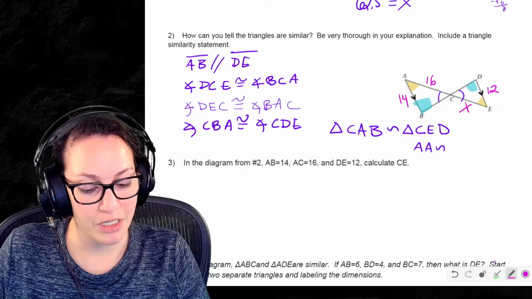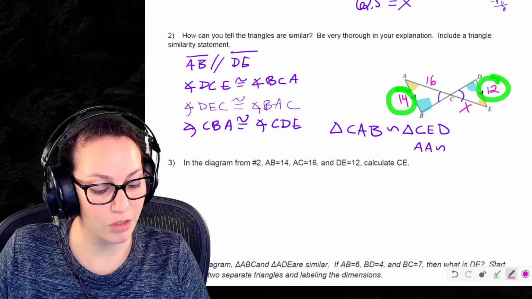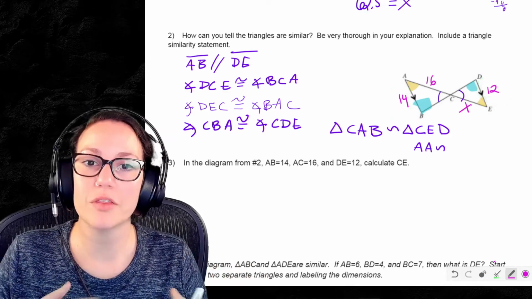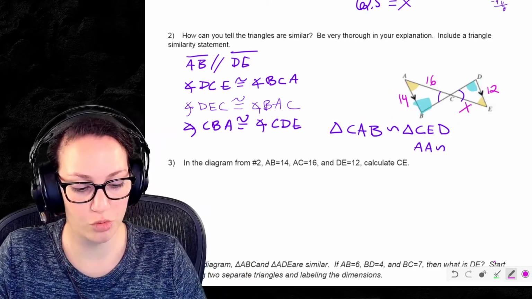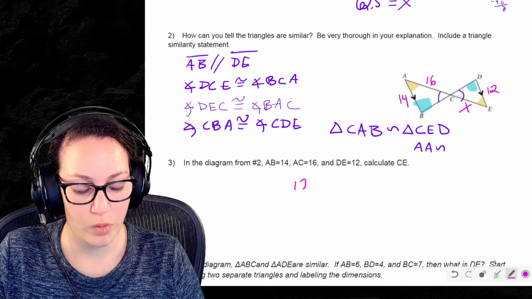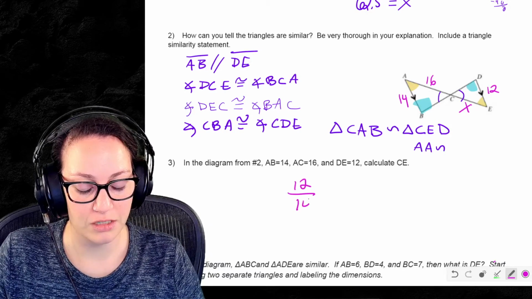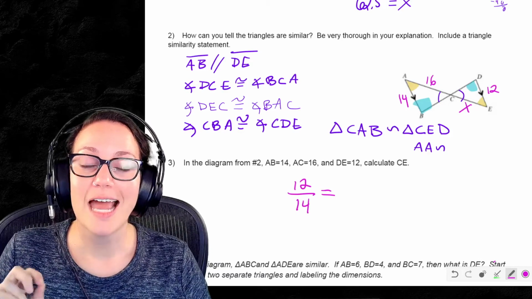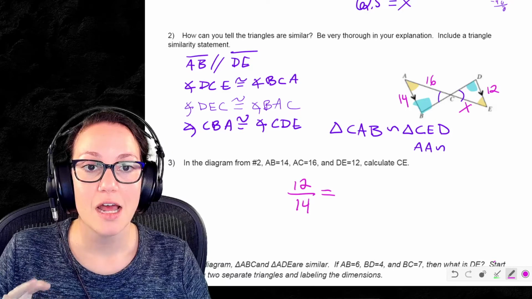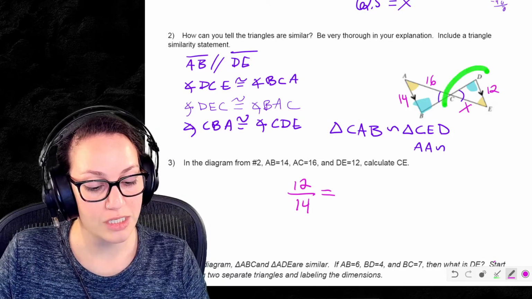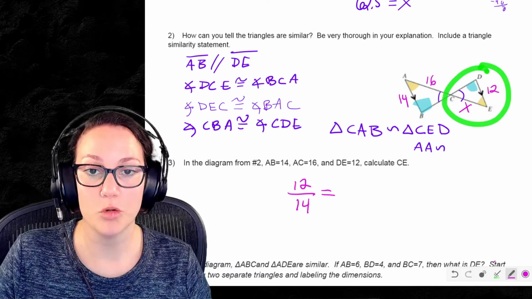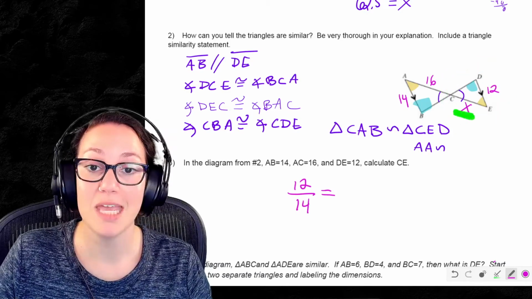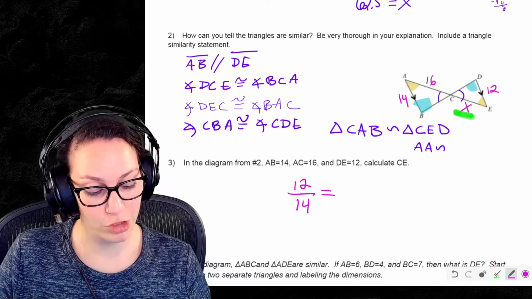Okay. So, well, I'm going to say the 12 and the 14 are the same side. So are corresponding sides on the similar triangle. So I'm going to make those into a fraction. So I'm going to say 12 over 14 is equal to, and then I need to be careful that since I took triangle CED and I put that in the numerator for my first fraction, I also need to put its side in the numerator for my second fraction.